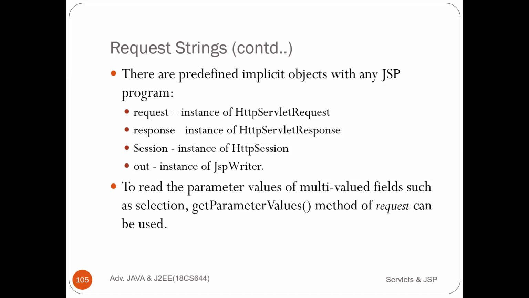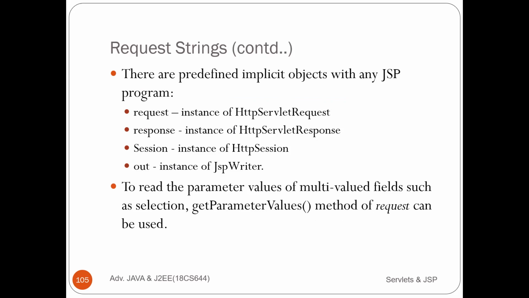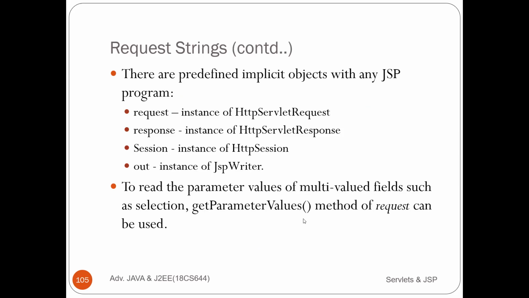To read the parameter values, if there are multiple valued fields such as selections, we can utilize the inbuilt method getParameterValues. Suppose we have multiple values like email IDs, so multiple email IDs are being passed, then we can extract them in an array. getParameterValues returns an array of strings, whereas in the previous example, getParameter returned a single string.